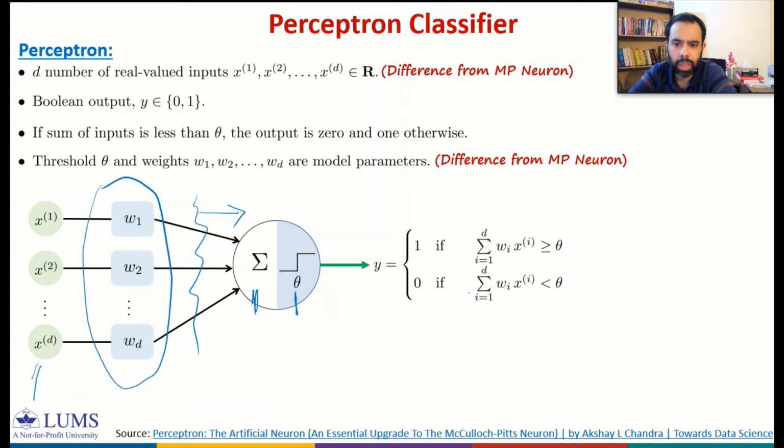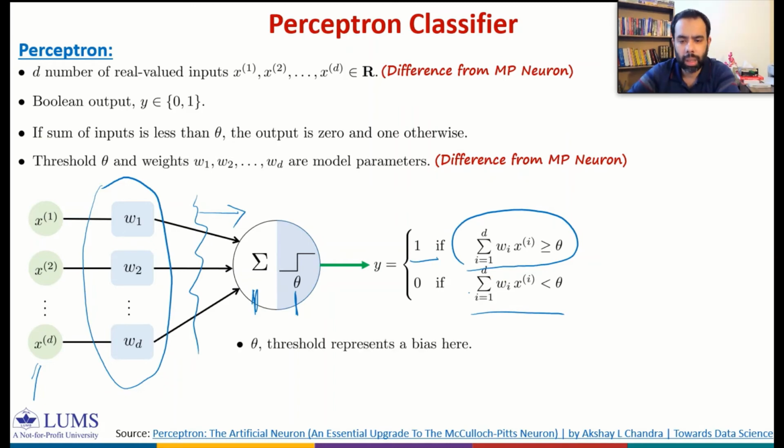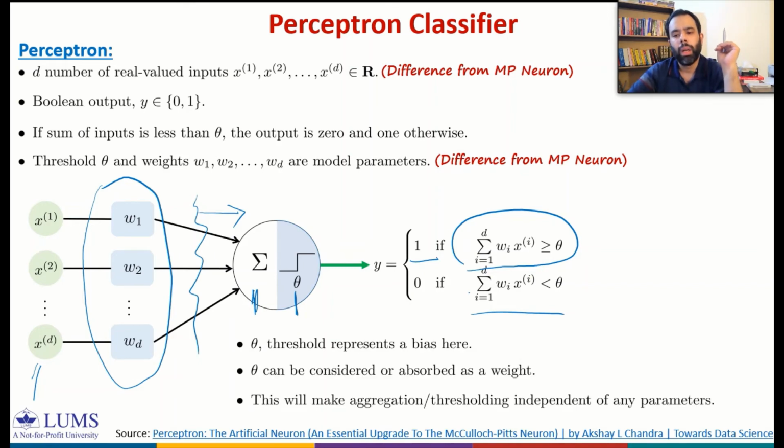Mathematically, the output is 1 when the weighted sum is greater than or equal to theta, and 0 otherwise. So theta is a threshold parameter. In fact, that represents a bias here. Theta can be considered or absorbed as a weight. This will simply make aggregation and thresholding independent of any parameters. We did the same while studying logistic regression, where we absorbed the threshold, the bias.